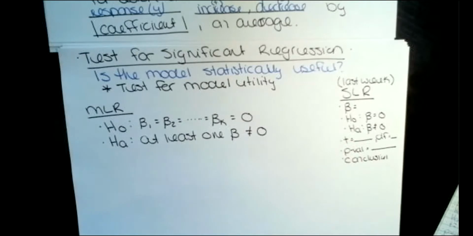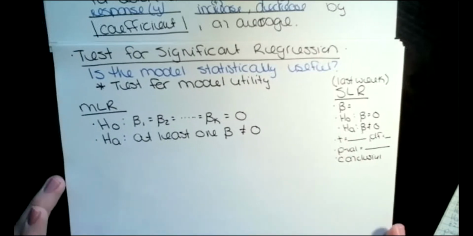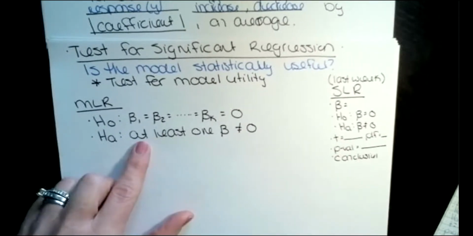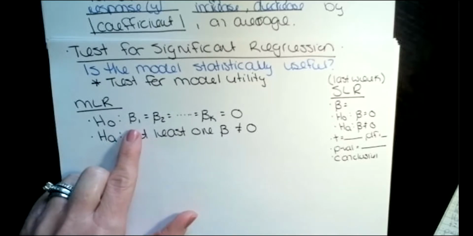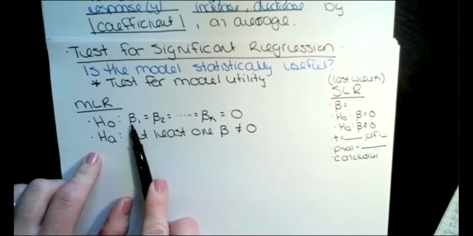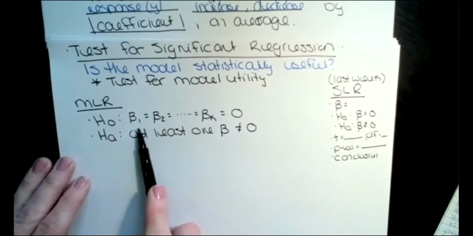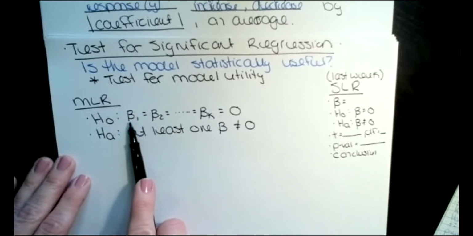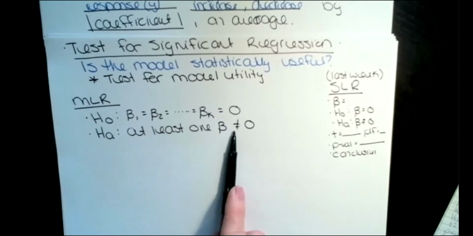So you know you can write this different ways, right? Because you're typing it up, it's not always the easiest to find beta. You can find it and insert it with your symbols. But if you don't want to do that, you could write out beta, right? You can use a capital B. Someone asked me that. That's fine for me. So you could say, at least one beta is not equal to 0.